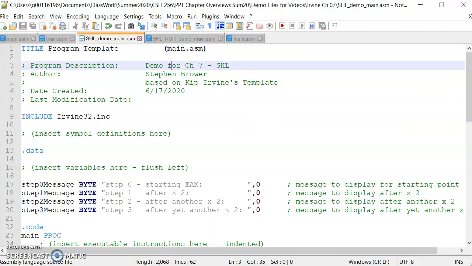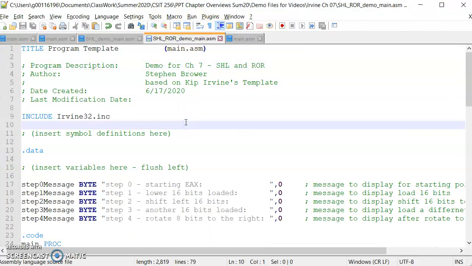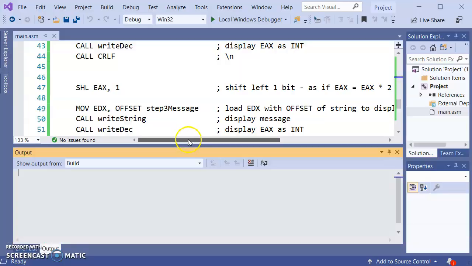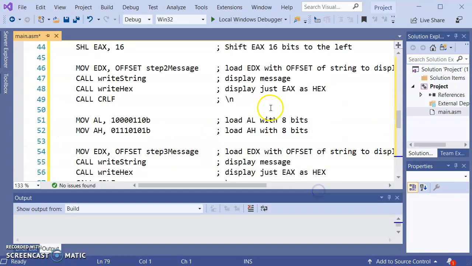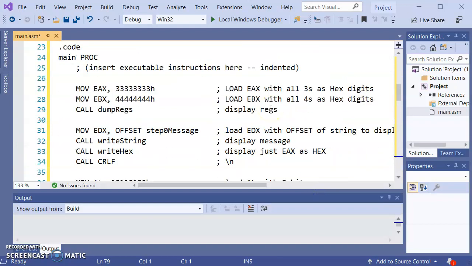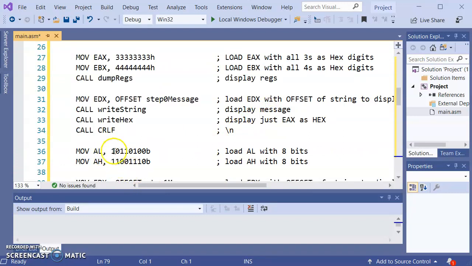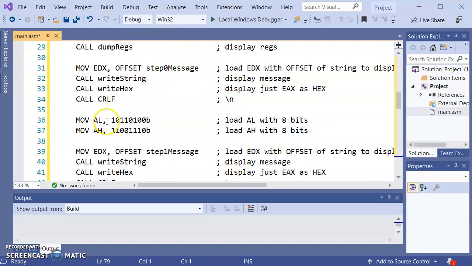What I did in terms of the demo, if I come back here and load this one in, sorry. Now here I was just giving a starting point. EAX initially had all 3s, EBX had all 4s, just so we can see the stuff was being loaded in.